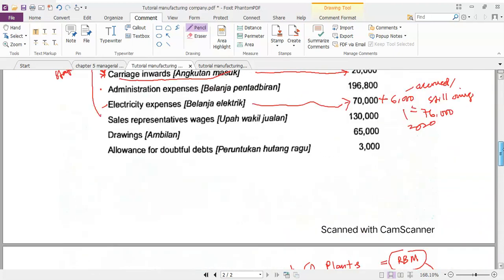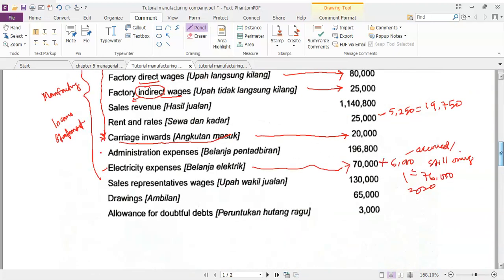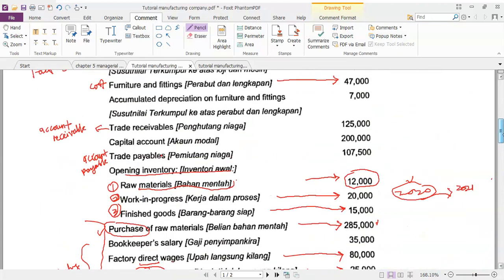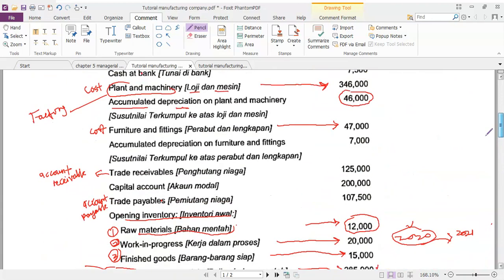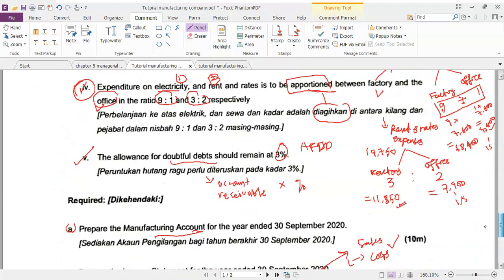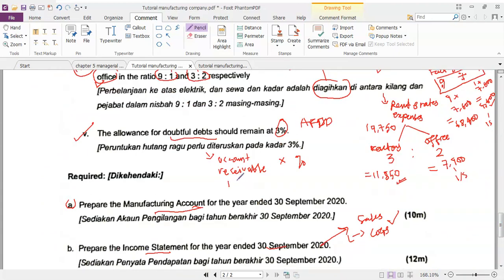So how much is our trade receivable? Trade receivable is the same thing as the account receivable. So trade receivable here is 125,000. How do you calculate 125,000 times 3%?